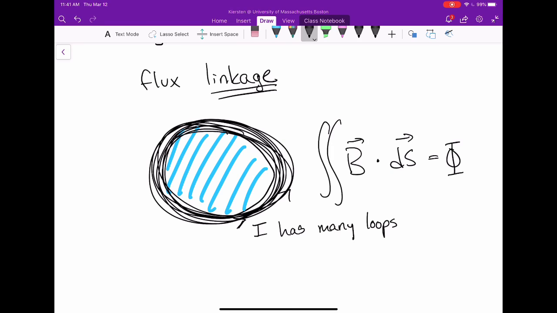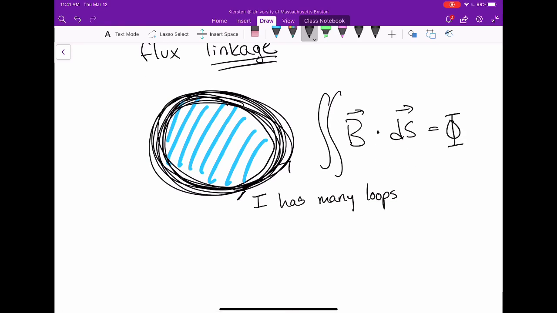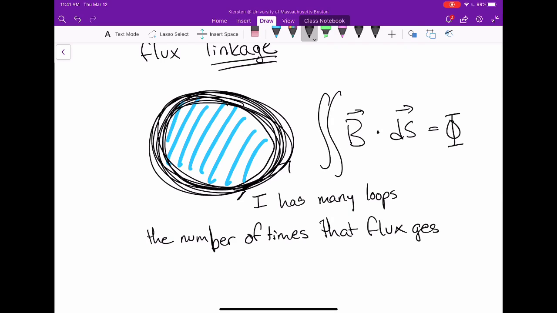In that case, the flux linkage is the number of times that flux goes through a loop of the same current.